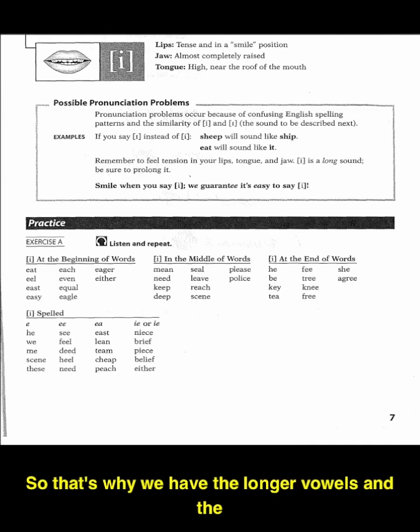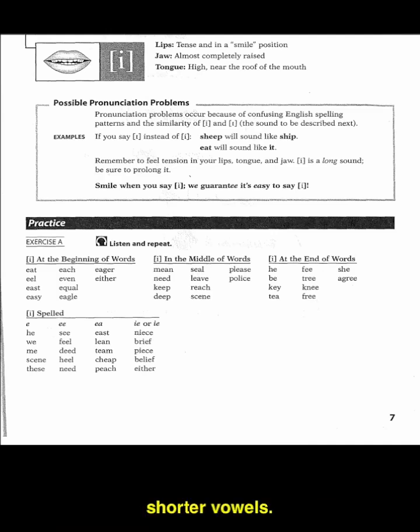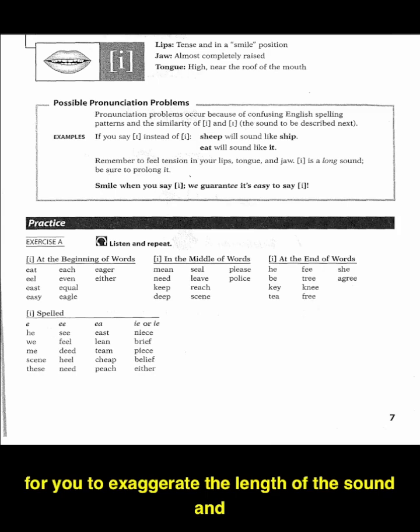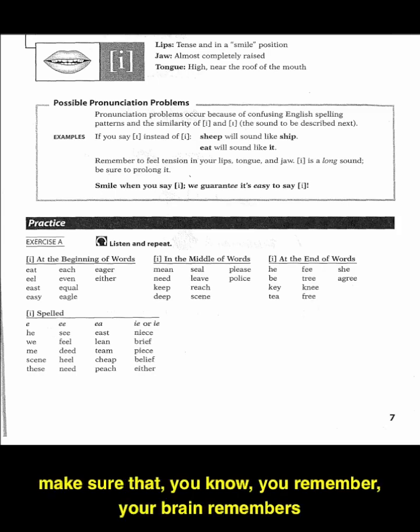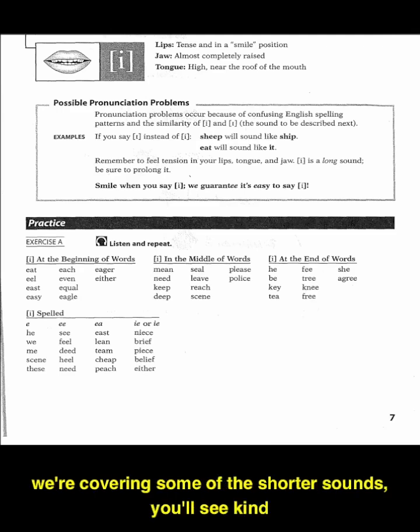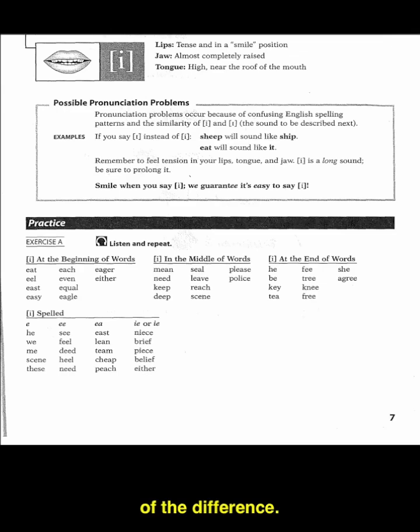So that's why we have the longer vowels and the shorter vowels. And when we're practicing the longer vowels, it's very important for you to exaggerate the length of the sound and make sure your brain remembers that it is a long vowel. And you will find this extremely helpful later on when we're covering some of the shorter sounds. You'll see the difference.